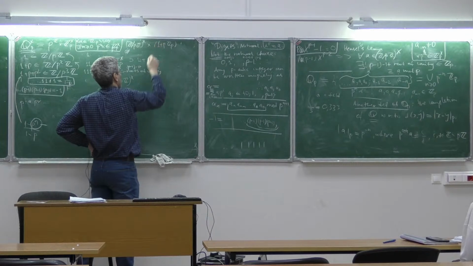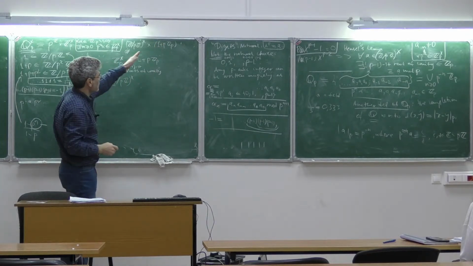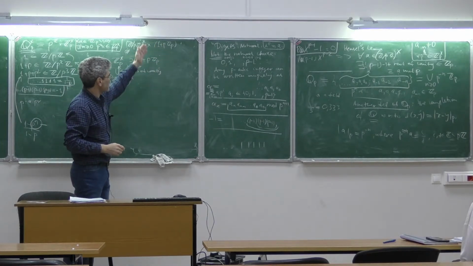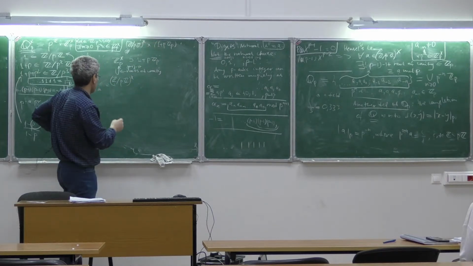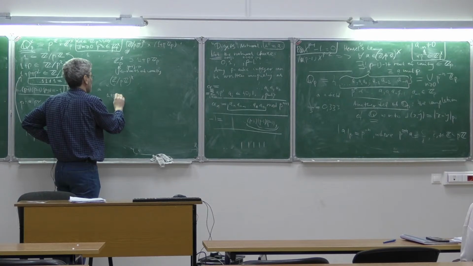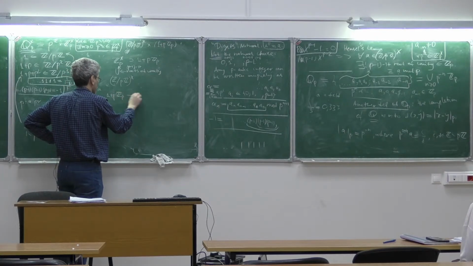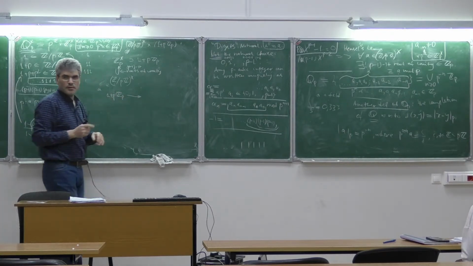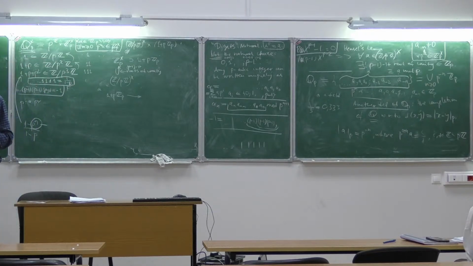So this is a group under multiplication, and you may ask how this group looks. In principle, as Vladislav suggested, we can take a logarithm.